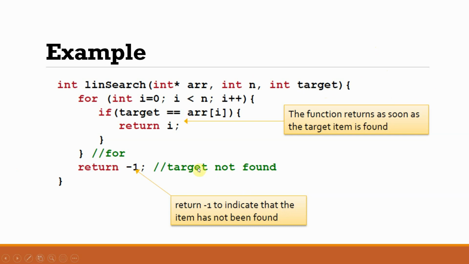But if you want to know which one is the most critical operation, in the worst case scenario, this one only gets executed once, but this one can be considered the most critical operation, because if the target doesn't exist in the array, it is going to be executed n plus 1 times.